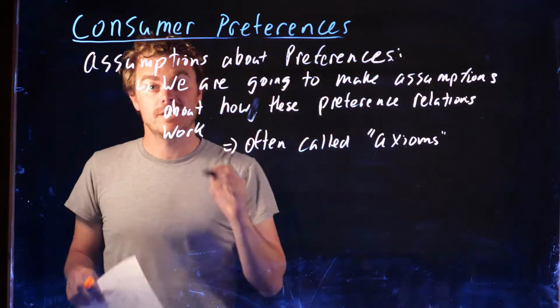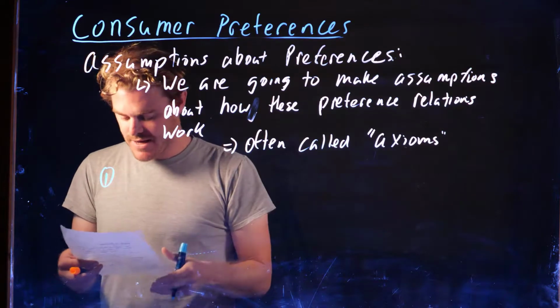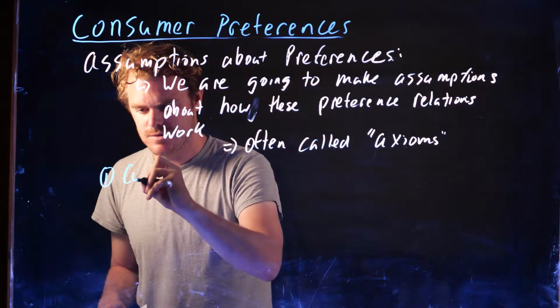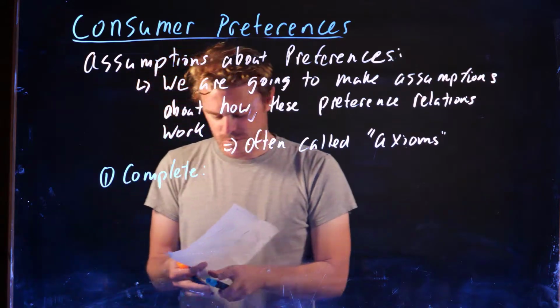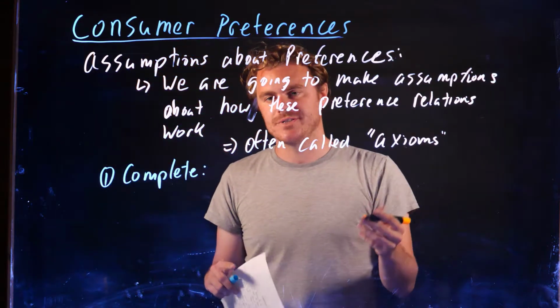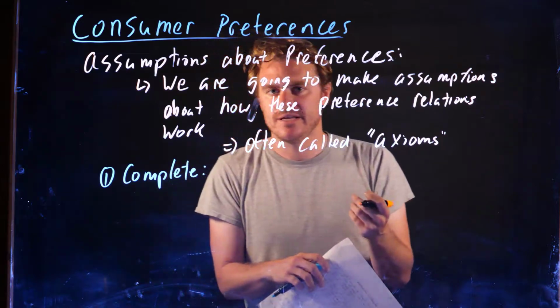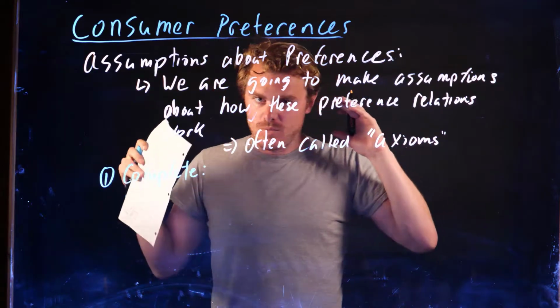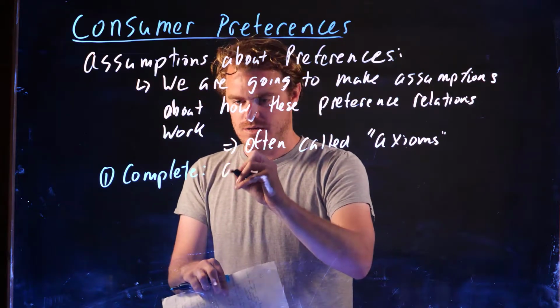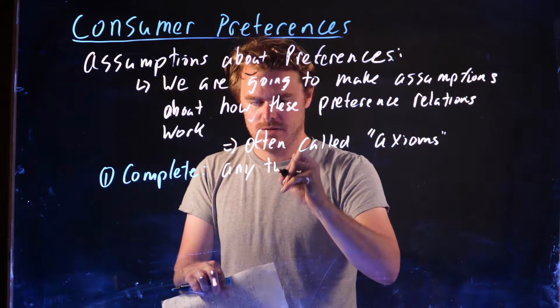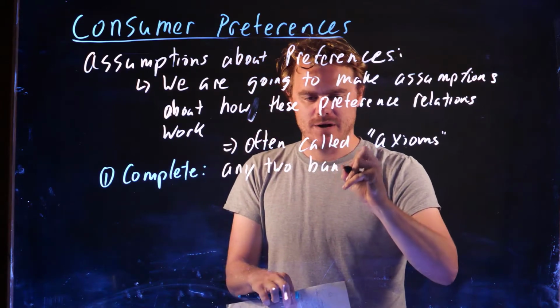All right, so the first assumption that we're going to make is that they're complete. And what does this mean? It means any two bundles can be compared. We're assuming that we can always compare different bundles.